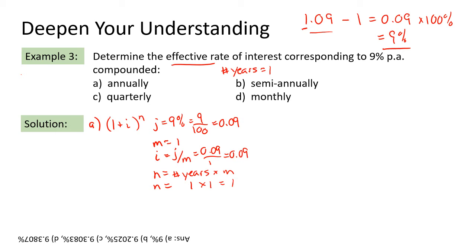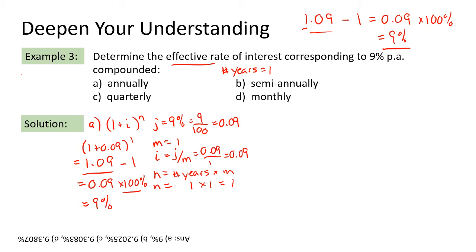So if we substitute these values in, we get 1 plus 0.09, all to the exponent 1, which gives you 1.09. So converting this to a percentage, we have to first subtract 1, so we get 0.09. Then multiply it by 100%, because right now it's a decimal, right? It has to be a decimal when we place it into a formula. Converting it back to a percentage, we get 9%.